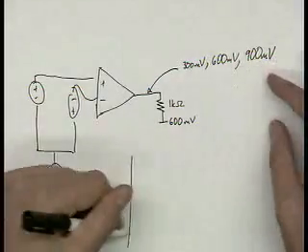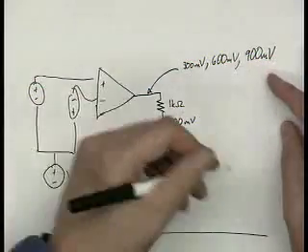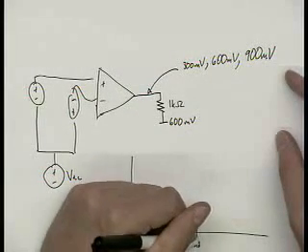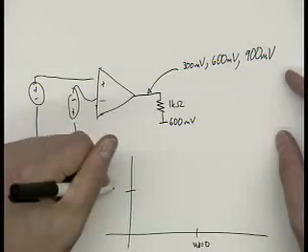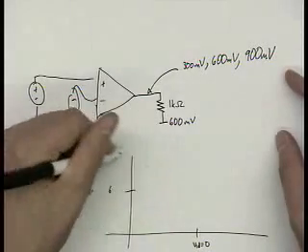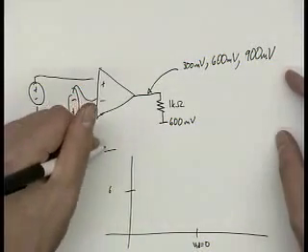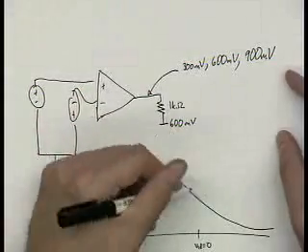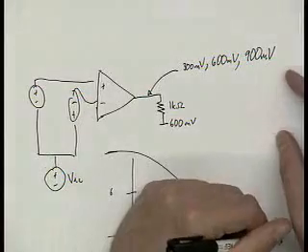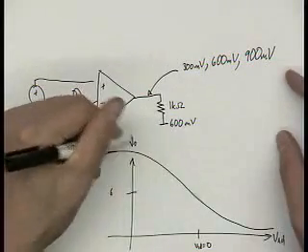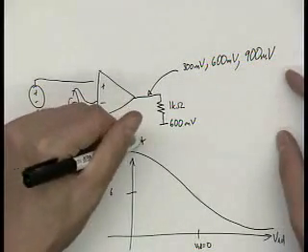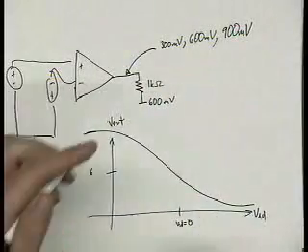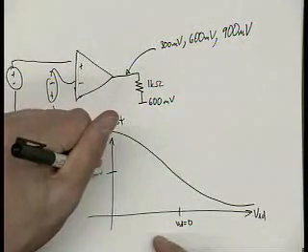So what that means is that VID equals 0. So what that means is that the actual VID versus Vout, the actual large signal transfer function, will look something like this. Okay, and this is 600 millivolts.